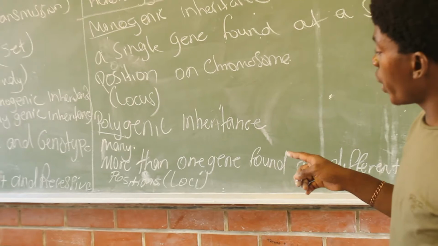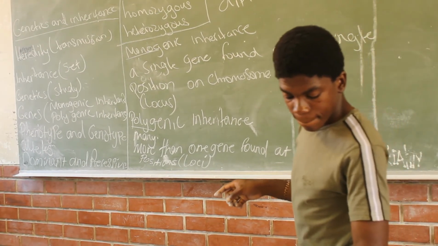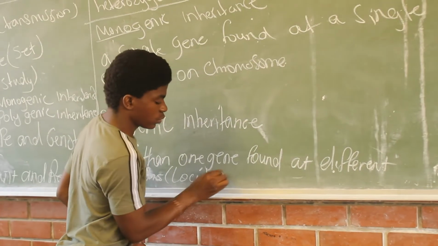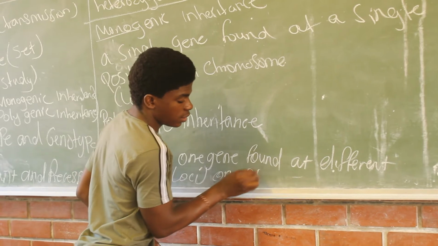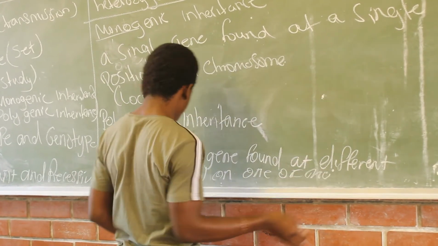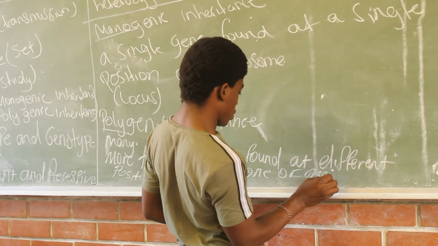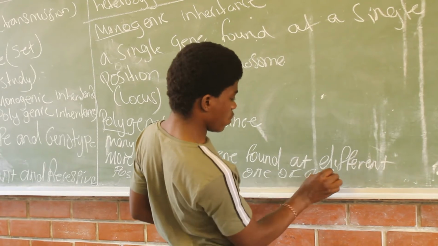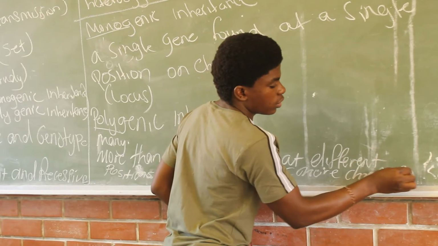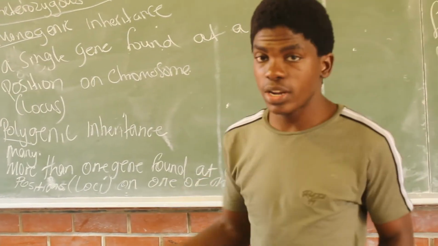So when it's more than one gene found at different loci on one or more chromosomes, that is polygenic inheritance.